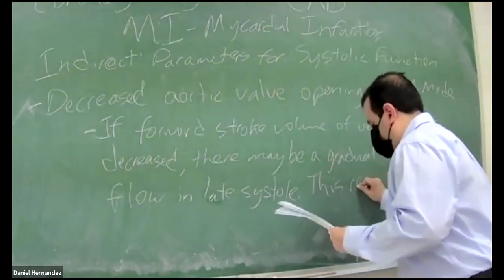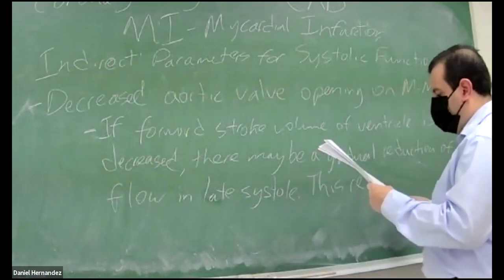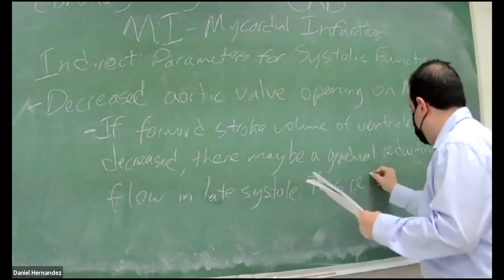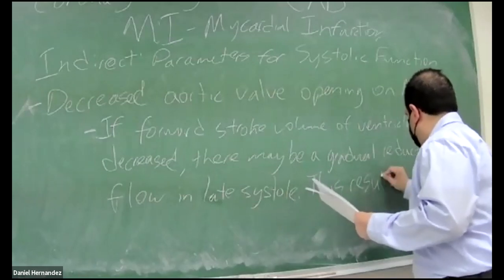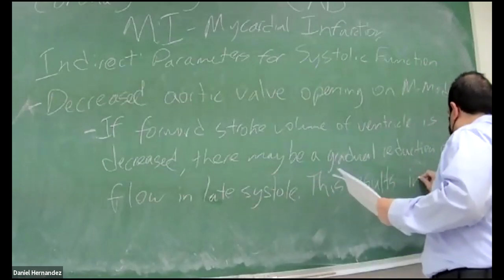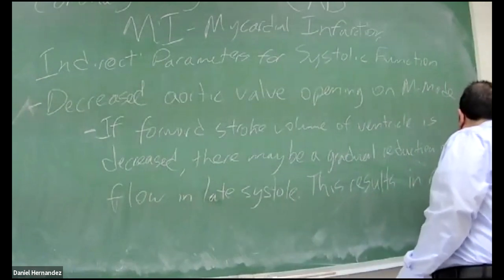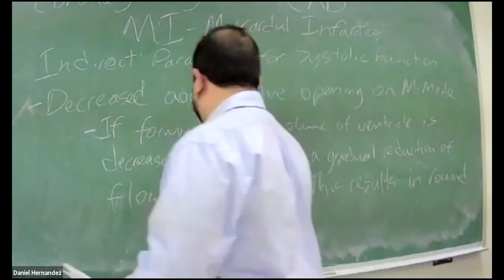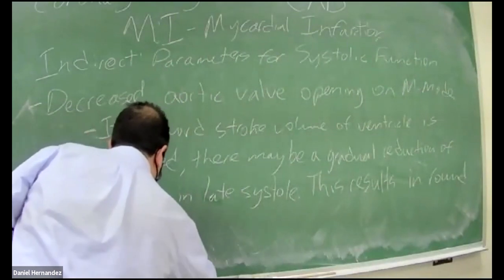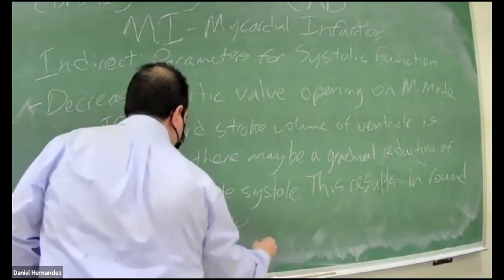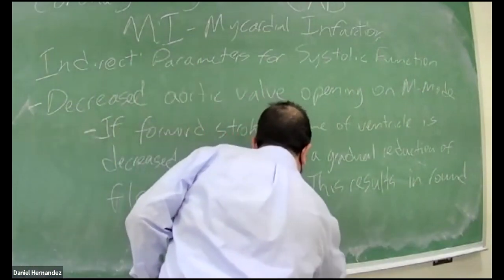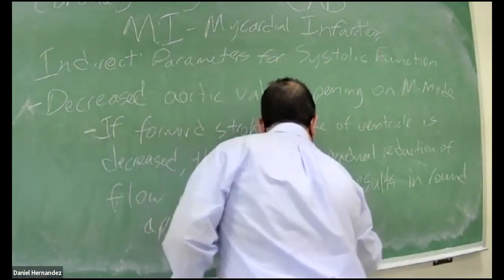This results in a rounded appearance to the M mode of the aortic valve, a rounded appearance of the M mode valve tracing.